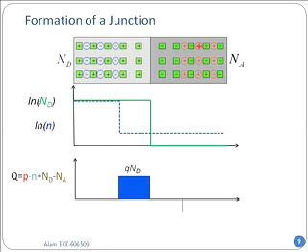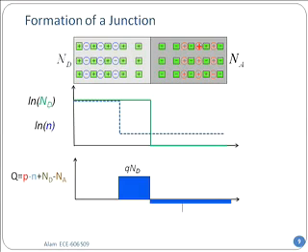Now this region is called a space charge region. Why? Because the charges are fixed in space and they cannot move around, and the space charge will essentially dictate the electrostatics. Now what about the right-hand side? The holes have gone to the right-hand side, so there should be a little bit of charge on the right-hand side also, right? If you subtract the green from the blue, you have that, that's true, but again the argument is that it is very small.